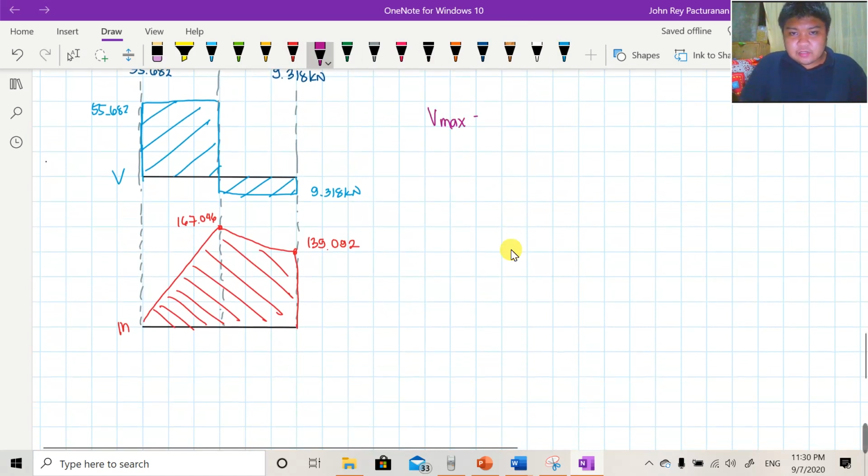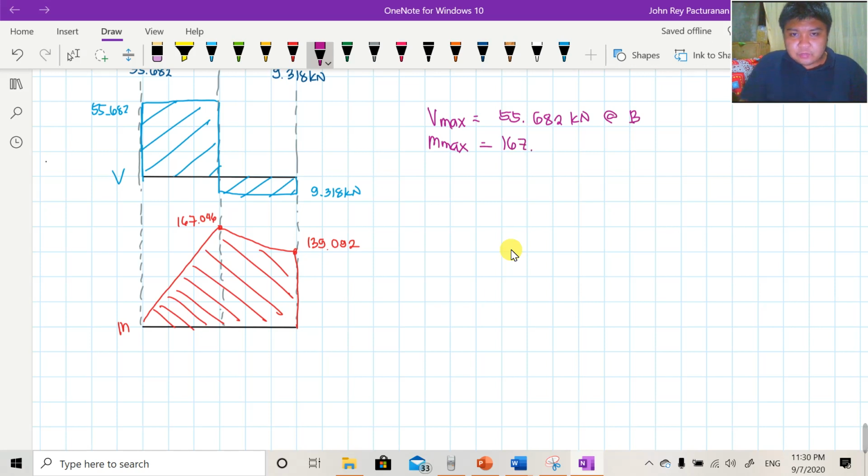The maximum shear is 55.682 kilonewtons. So, pwede ko na lang ditong i-label at B. The maximum moment is equal to positive 167.046 kilonewton meter. So, pwede kong sabihin at midspan of BC. Kasi literal naman siya, class, na nasa gitna.